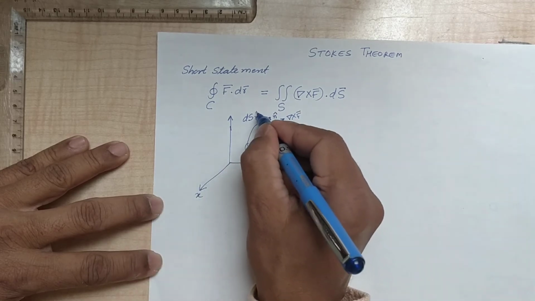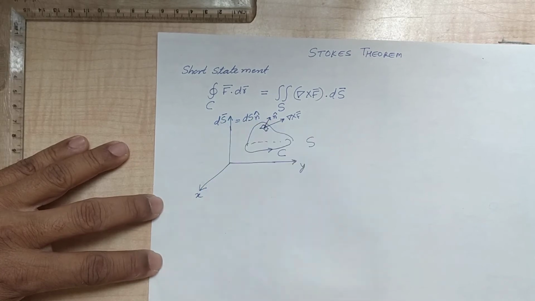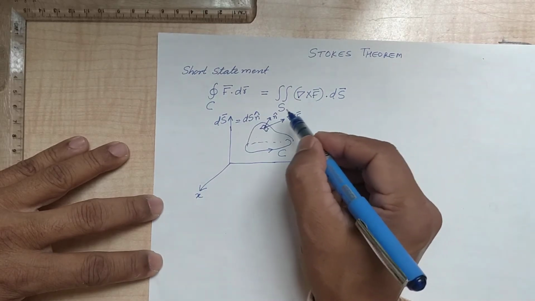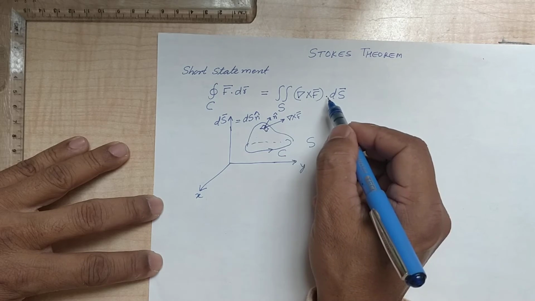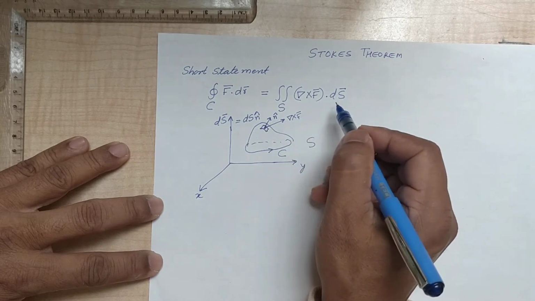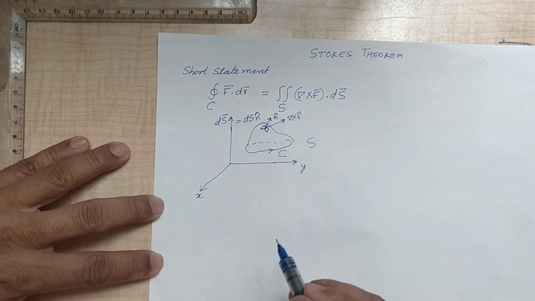So ds n cap is our ds bar. So one is evaluating del cross F bar at a particular point and looking at its projection in the direction of n cap. So you'll get some scalar quantity, and you are adding up all such scalar quantities over the surface. You get the right hand side.